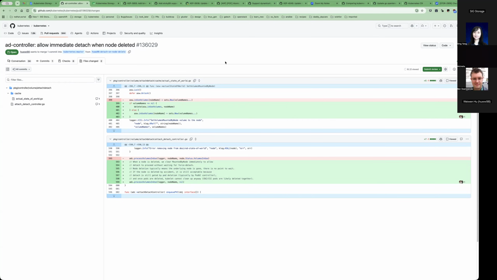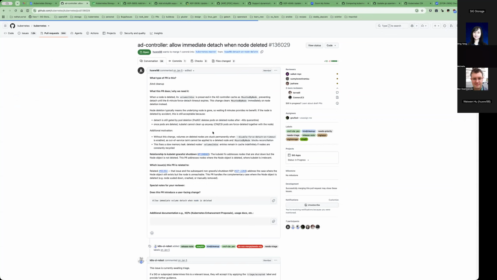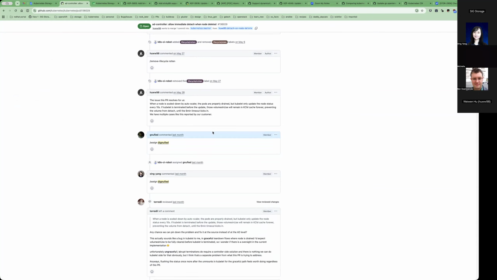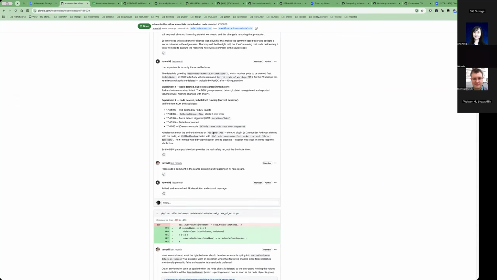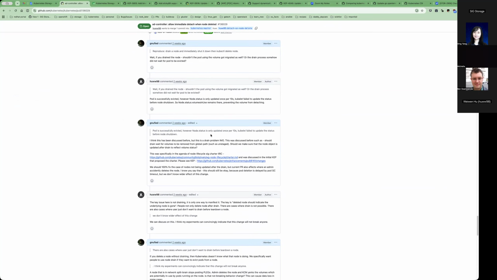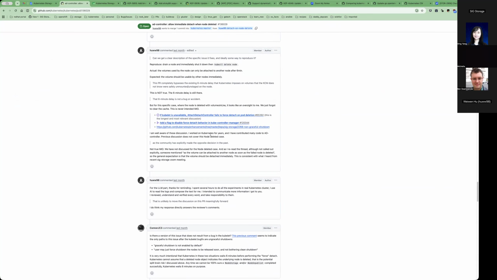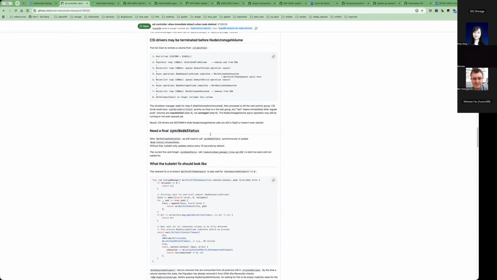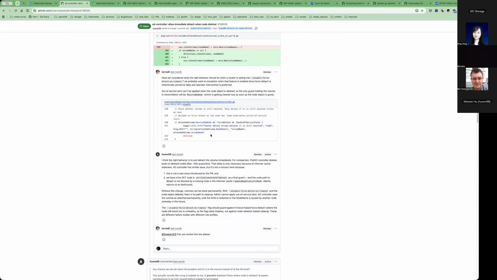Wait, I thought there was a way to protect the CSI pod from getting killed by elevating its priority. Yeah, but not in this case. You're saying in this case the priority is ignored and it's not protected? Oh yes. The priority matters when the kubelet is doing the graceful shutdown, right?